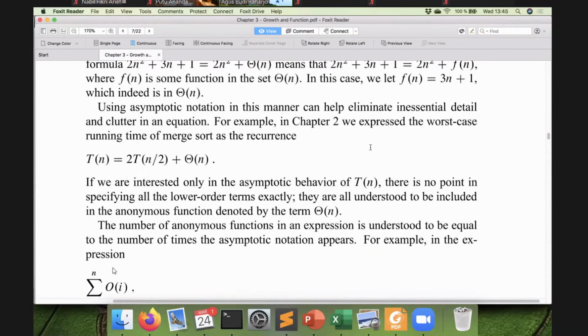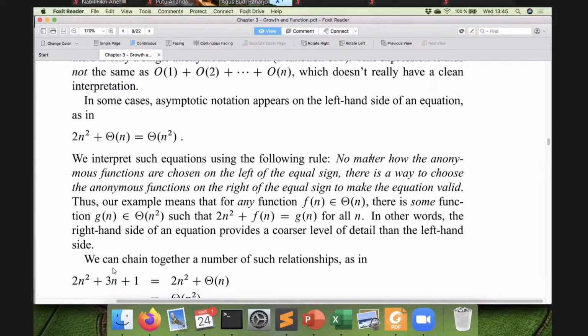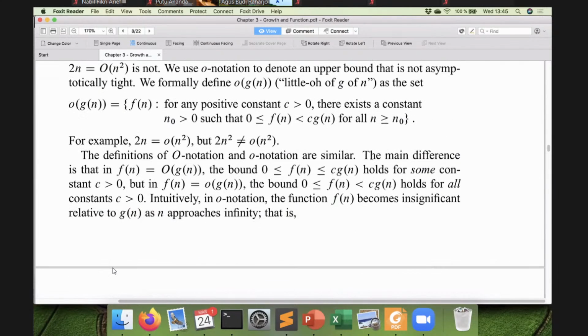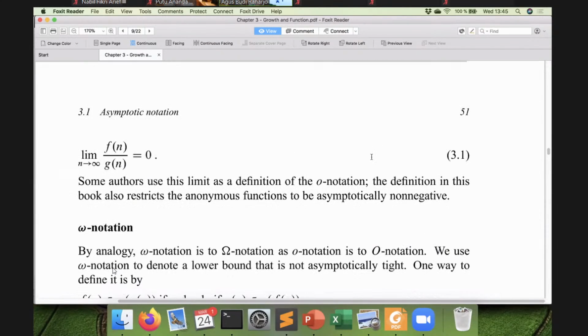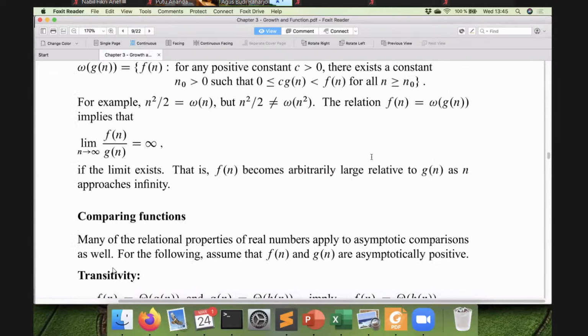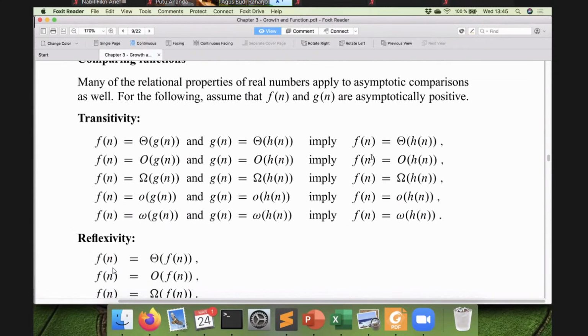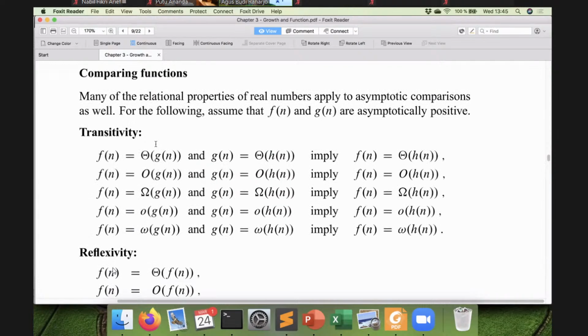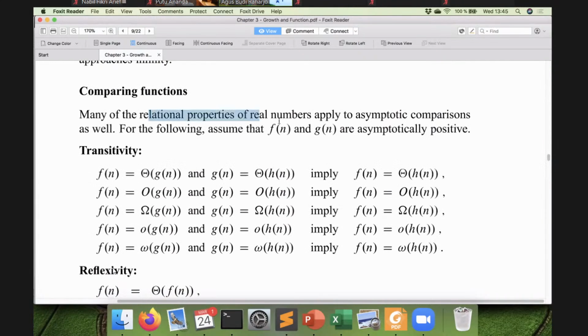Sorry, not this one. Growth function. Where is growth function? This is transitivity, comparing function, many relational properties.